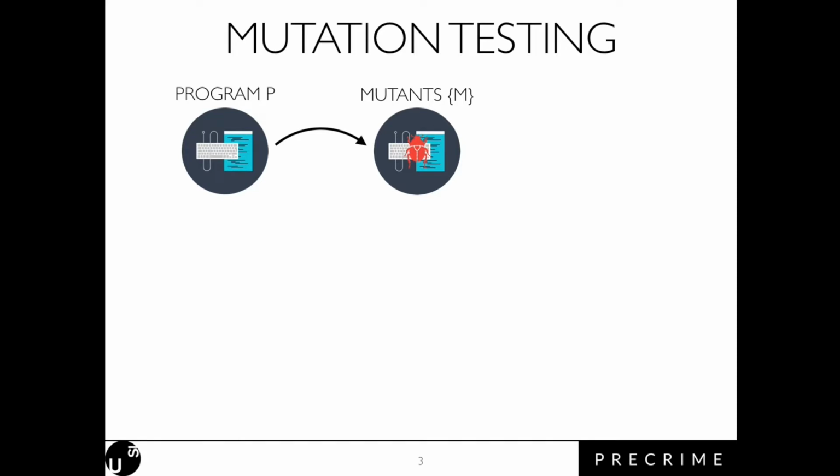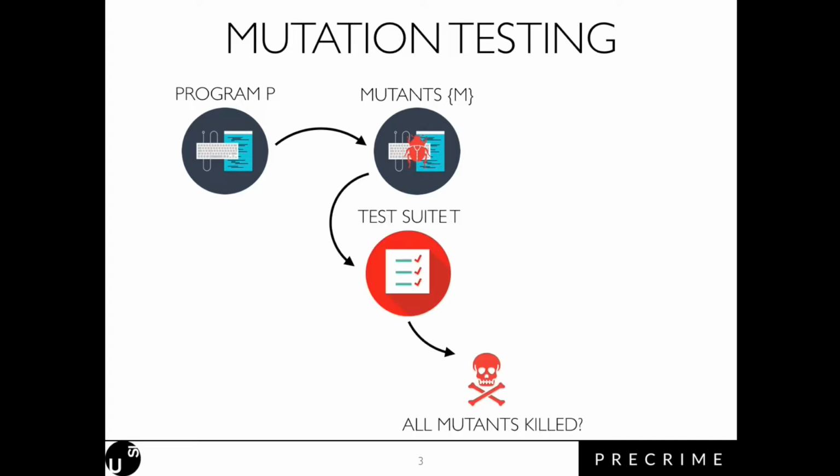So then we have some test suite that we want to evaluate, and what we do is we execute this test suite against the set of created mutants. If a mutant was killed or exposed, and by that we mean that the test suite failed, at least one test failed on the mutant, it means that the test suite was successful in exposing it.